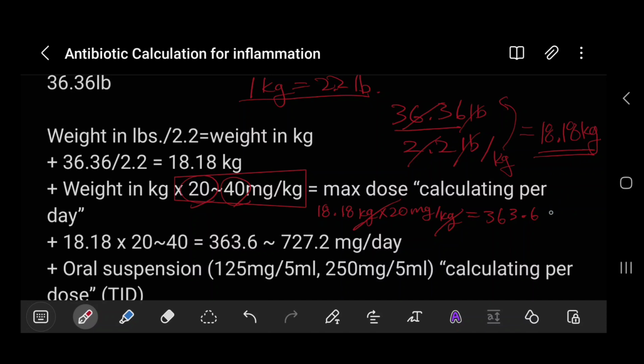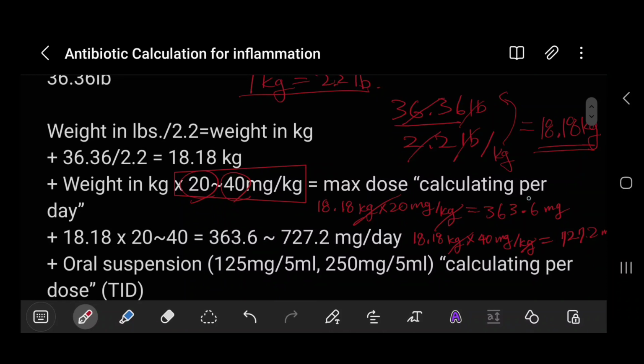Cancel the kilogram, and what is left is only milligram. And also we need 18.18 kilograms, the maximum dose, times 40 milligram per kilogram. So cancel the kilograms, and if you calculate it, it'll be 727.2 milligram.